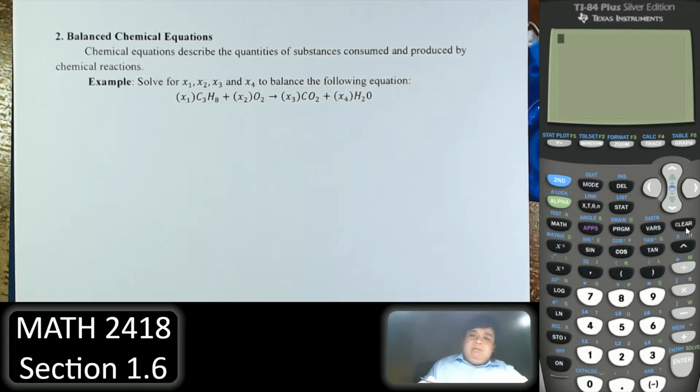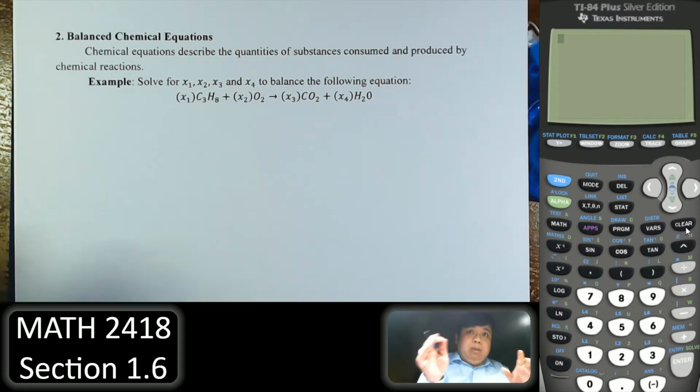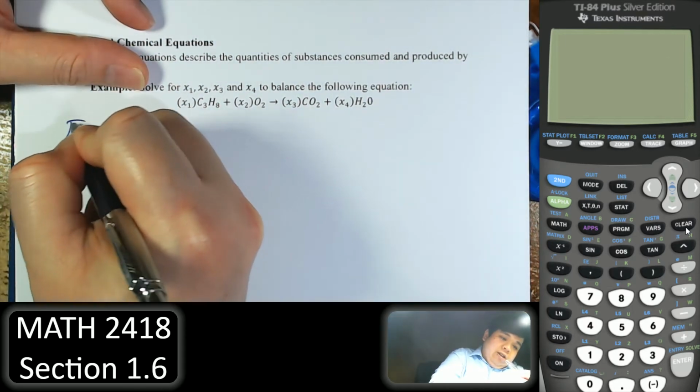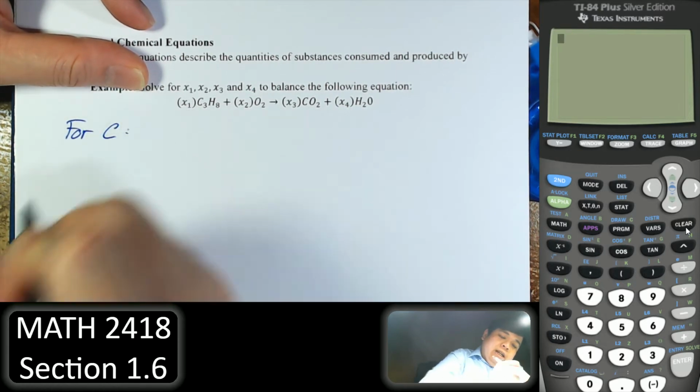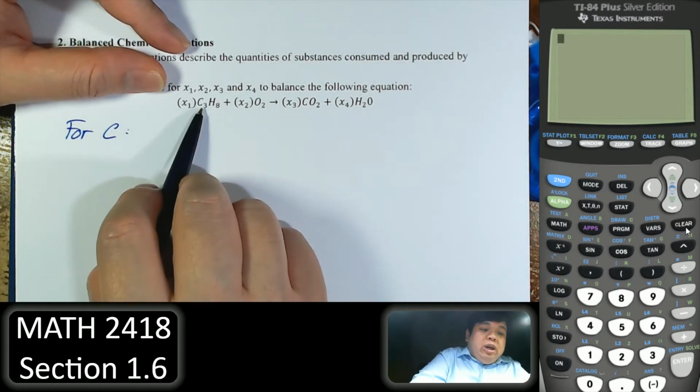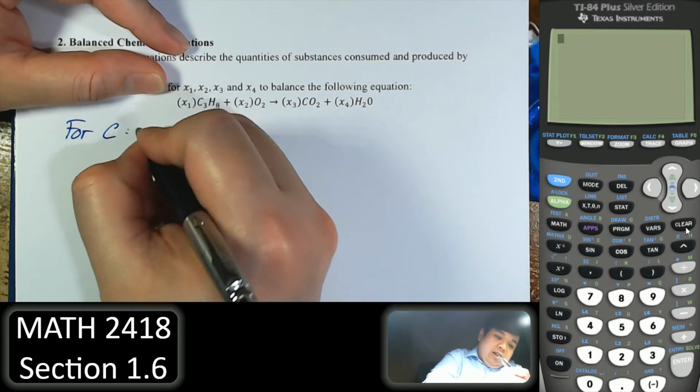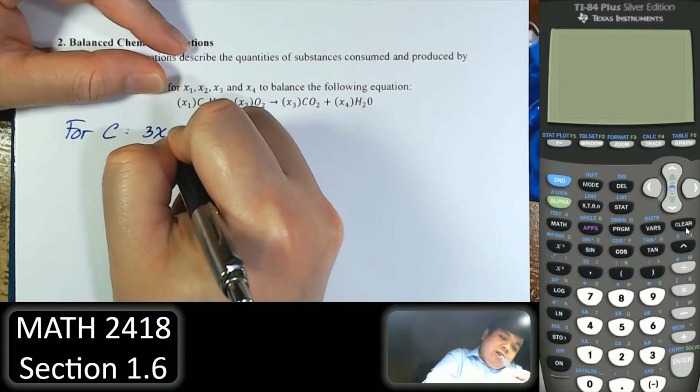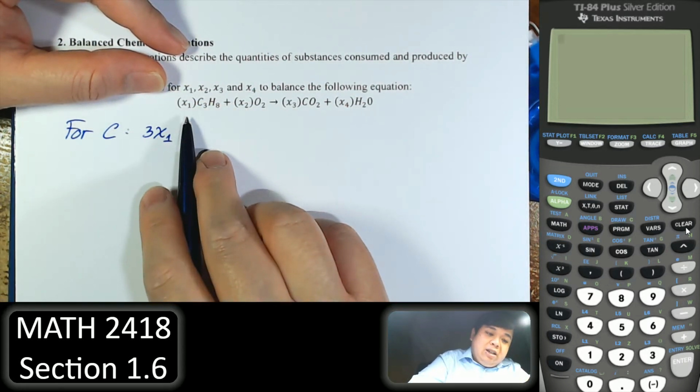Right, so very basic. To balance the equation, we have to have the same amount of carbon on both sides, and the same amount of hydrogen and oxygen, or whatever elements we have. So first, for carbon, how many do we have? There are 3 in a molecule of propane, times x1, so we have 3x1 on the left hand side.